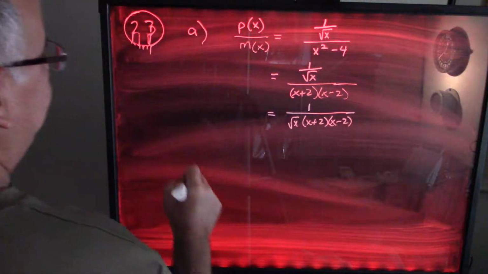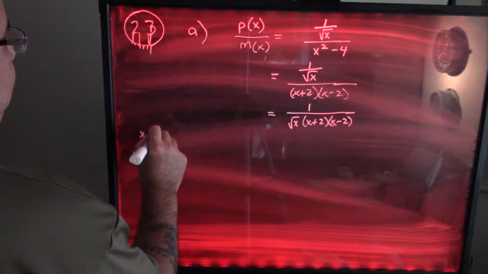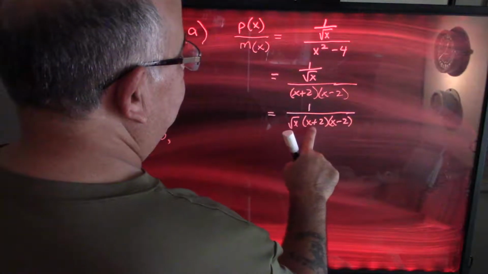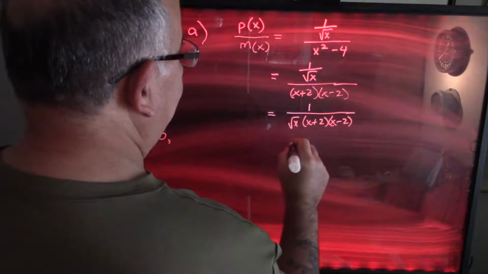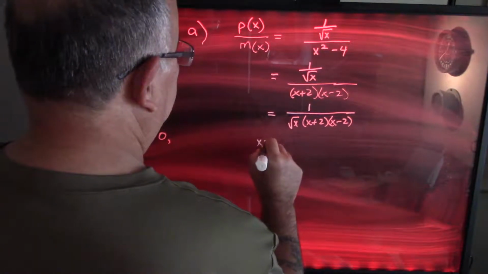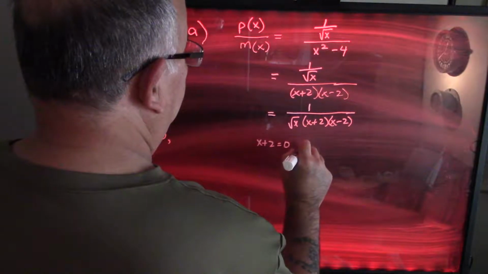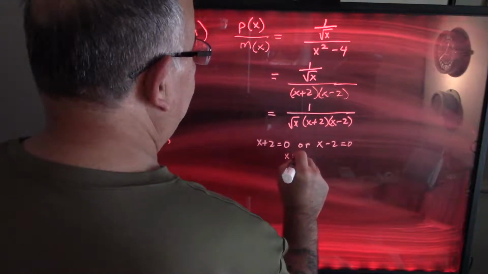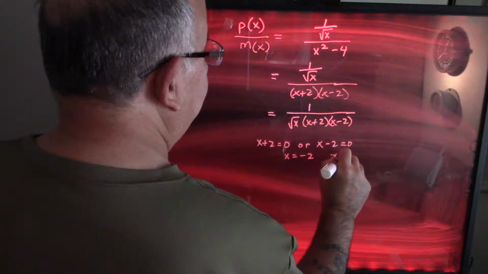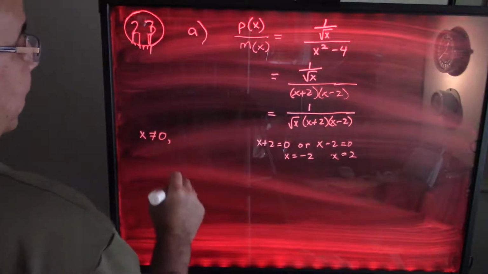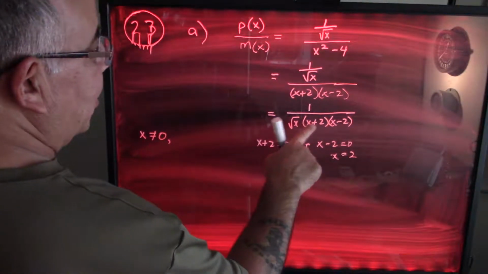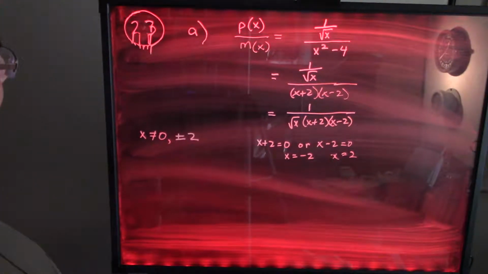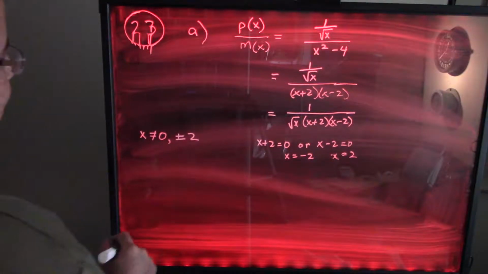Alright, so x cannot equal 0, and if this times this is 0, then this is 0 or this is 0, right? x plus 2 equals 0, or x minus 2 equals 0. That means x equals negative 2 or x equals positive 2. Those will give you a 0 denominator here, so you can't have plus or minus 2 either. Alright, so x can't be 0 or plus or minus 2.